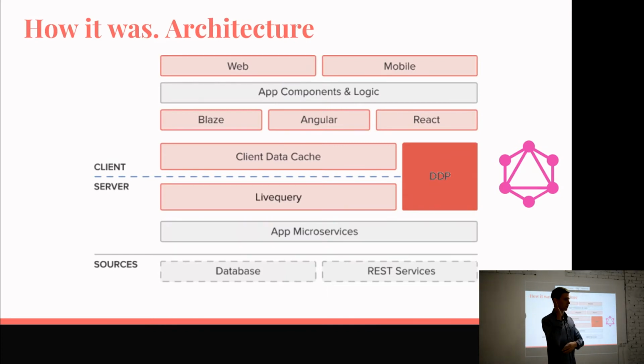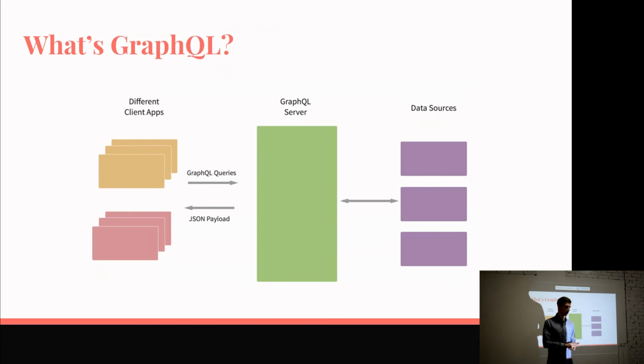Did someone hear about GraphQL at all? Okay. Did someone maybe use GraphQL in some projects? Okay. So in most articles, GraphQL is described as a replacement for DDP, but it is not actually. To understand what it is, let's see this diagram. GraphQL is like some layer between data sources and the actual queries that you run.